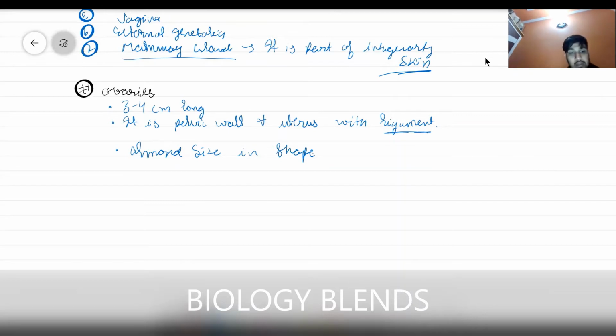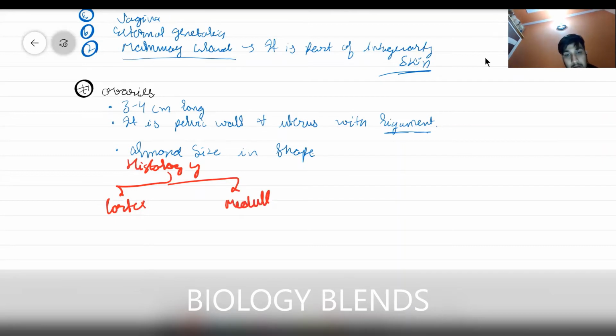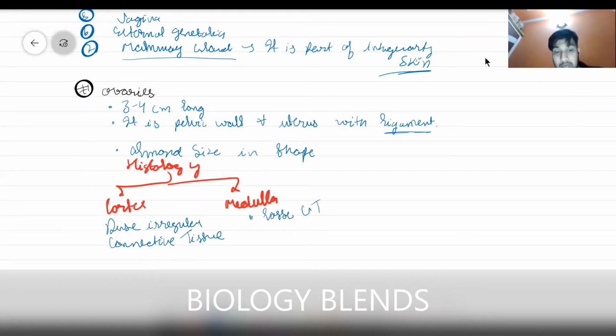Histology of ovaries: it has the cortex and medulla. Cortex has dense, irregular connective tissue. Medulla has loose connective tissue with blood vessels.